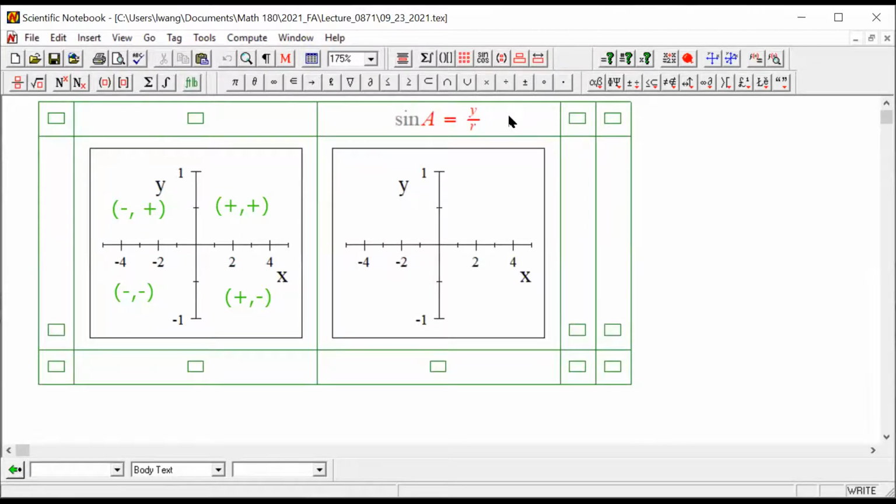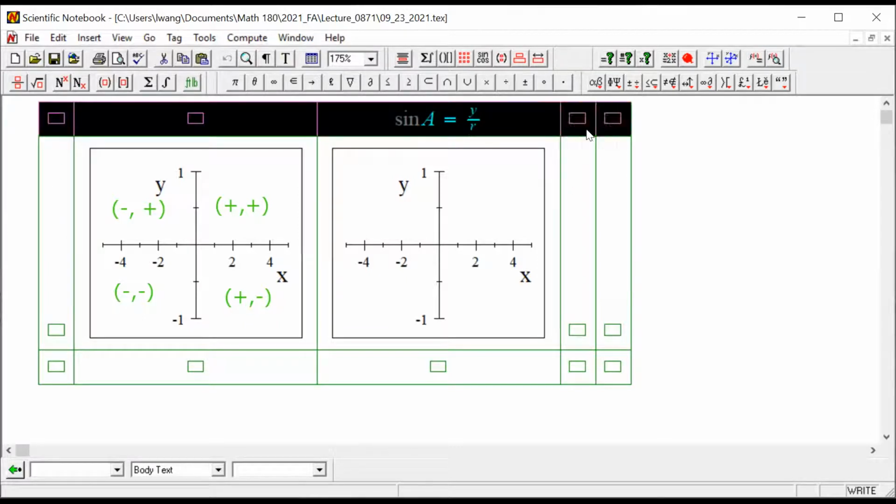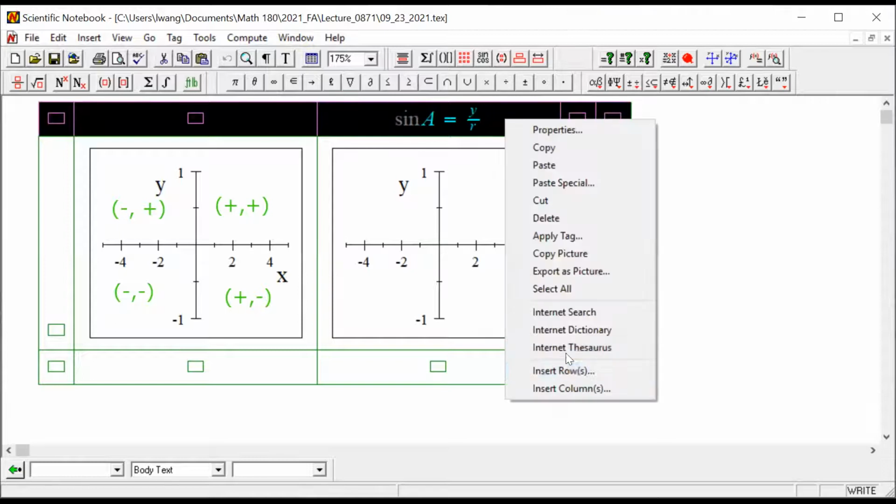R is always positive, so whatever sign y has is going to be the sign of sine of A, the sign of the output. Is everybody with me?